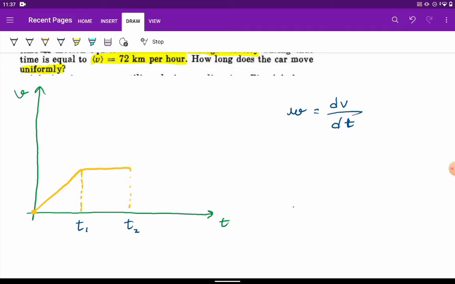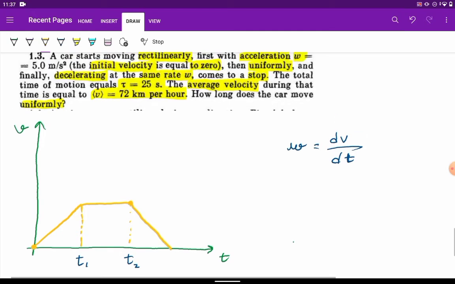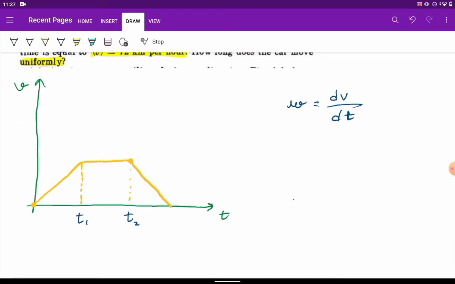Basically the velocity reduces from this particular magnitude to 0 linearly, and we know that the total time is denoted by tau. So this is tau, this is 0.